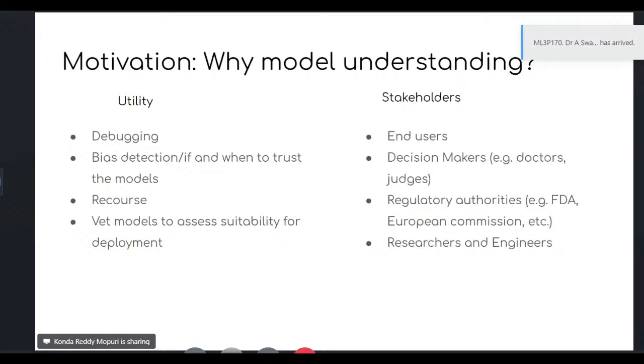In the future slides, we'll come to see what makes an explanation, what is a good explanation. So this is the second method. The first method is to go with the simple and easy to understand methods, or in case of the second, sophisticated models, you need to invent some more methods to make them interpretable.